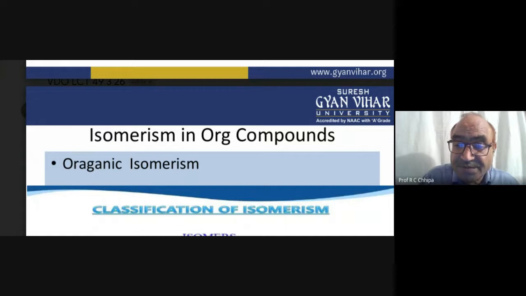In isomerism, the molecular formula is the same, but they differ in structural ways or orientation. Can we define it this way: they have the same molecular formula, but the structural formula differs.